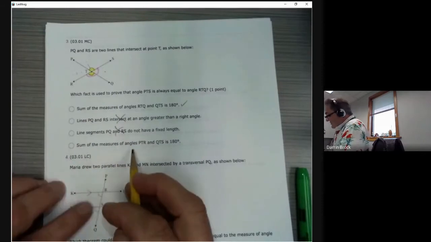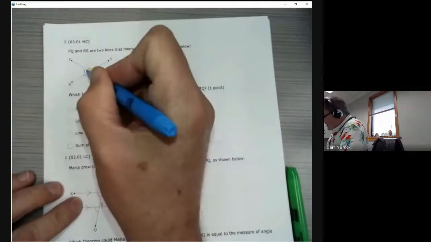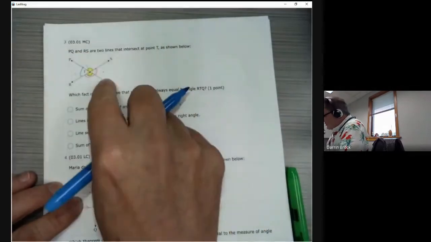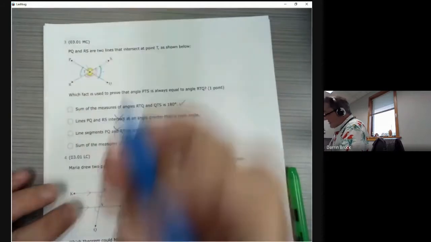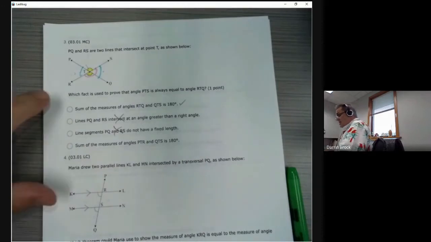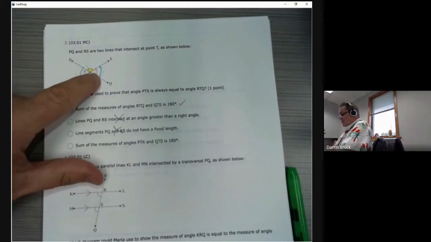The sum of the measures of angle, okay, let's mark this, PTR, P to T to R, this one, and QTS, the opposite one over there, says that's 180 degrees when you add those together. Well, that is only true if this is at a right angle. That one's 90 and that one's 90 because those are vertical angles.